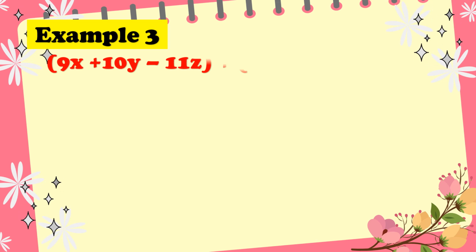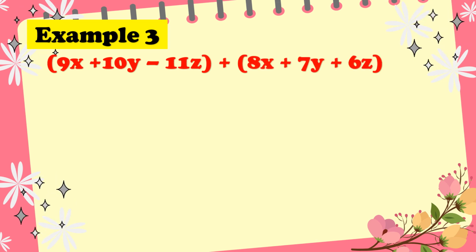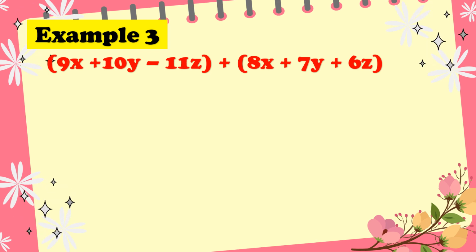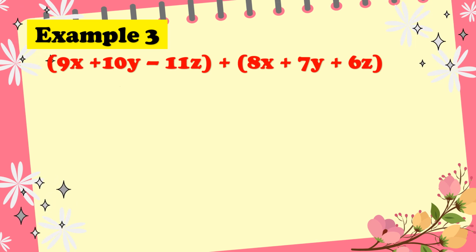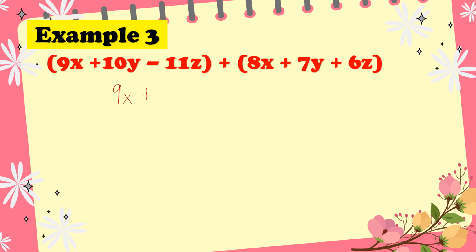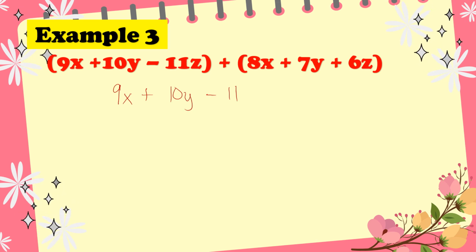Example number 3. Quantity 9x plus 10y minus 11z plus quantity 8x plus 7y plus 6z. Now, gamitan natin siya ng vertical addition. So, first thing to do is to copy the first given. So, that would be 9x plus 10y minus 11z.